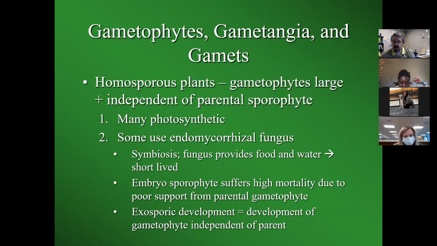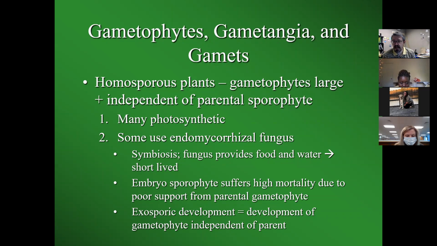The embryo sporophyte that is produced, remember, those gametophytes end up a lot of times having the spore develop inside it and then kind of grow out of it. A lot of times what happens when these are separate is that the embryo sporophyte that's produced, because it's not being taken care of much from the parental gametophyte, dies a lot.